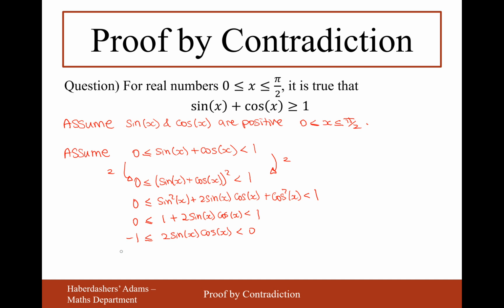So therefore, what I've now currently got in my inequality is that sin times cos is equal to a negative value, which is a contradiction.